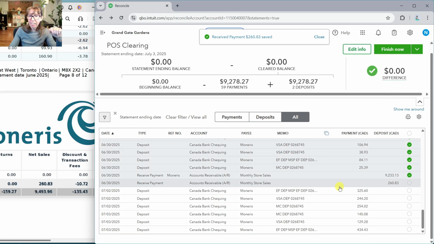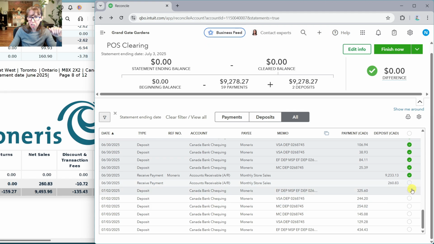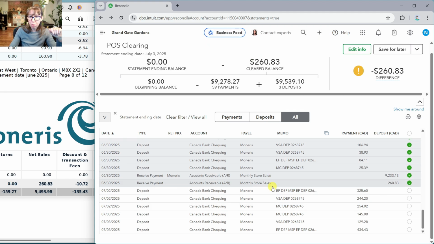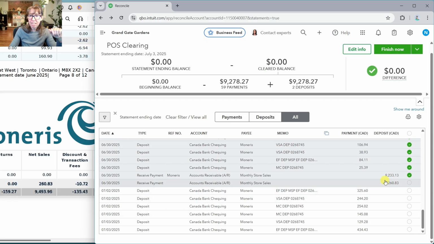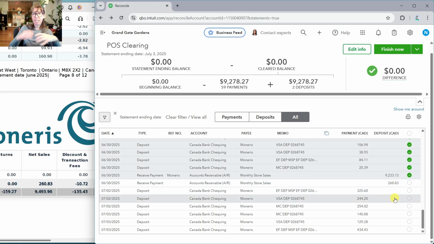And now back in our POS reconciliation, now you can see because we've split that monthly sales payment in two, we can say this $923.13 is related to this, and that's going to leave this $260.83 for us to carry forward into the next POS reconciliation that we do for July.